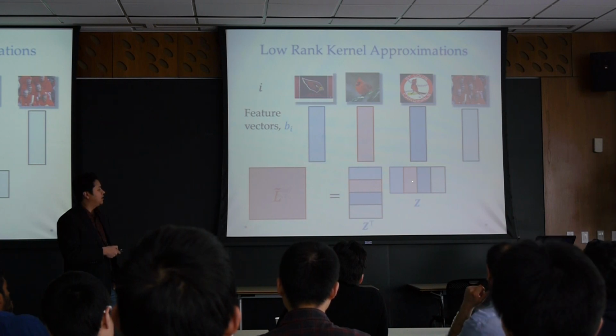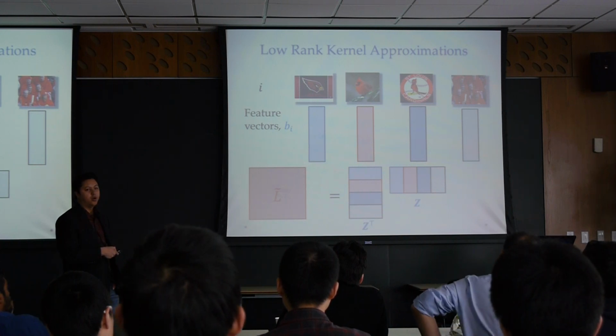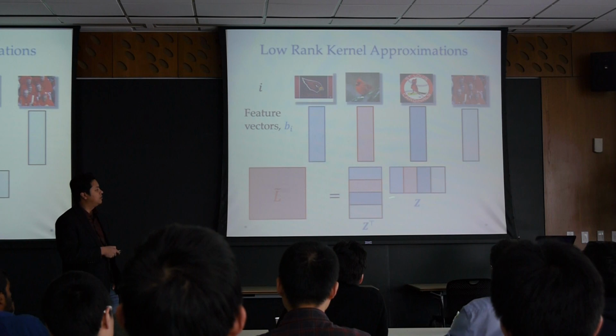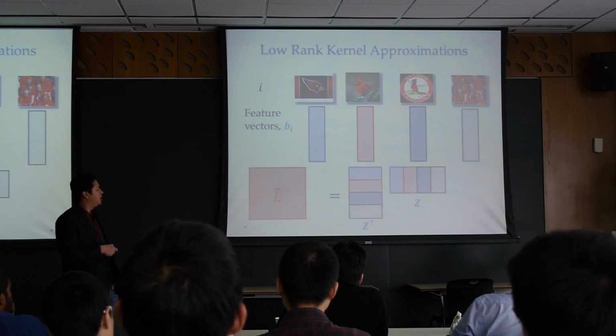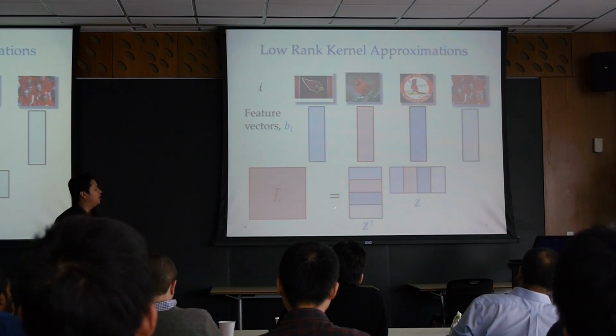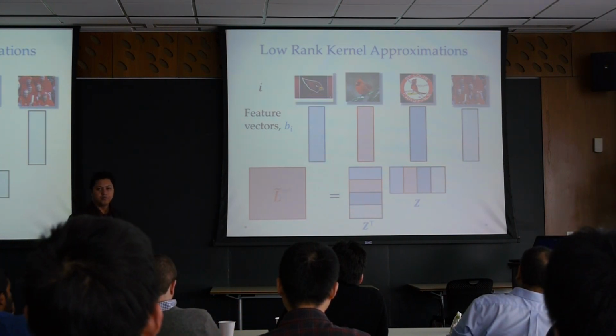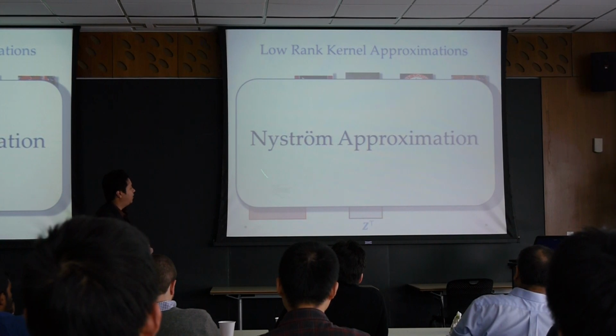That will get us back to the problem we had before, where now our number of features is some d, right? So that's our approximation. Then we can do the same dual decomposition like we did before. And one way that we can do that is the Nystrom approximation.